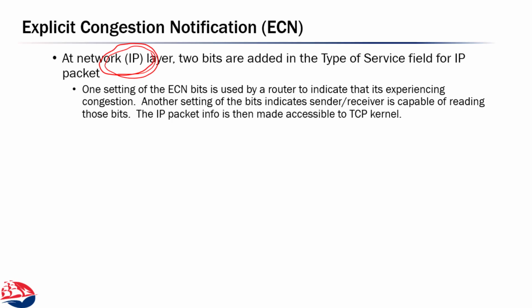At the IP layer, there are a couple of bits that we can add to tell the routers that we pay attention to ECN, and the routers can then pass on a set of bits that says a link is congested.